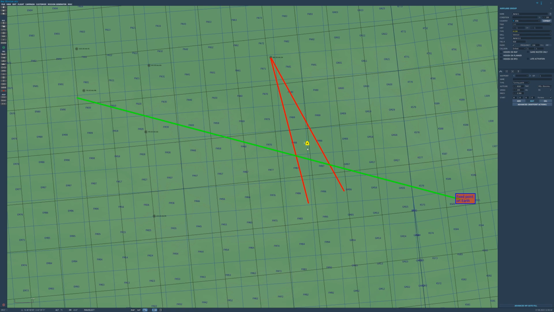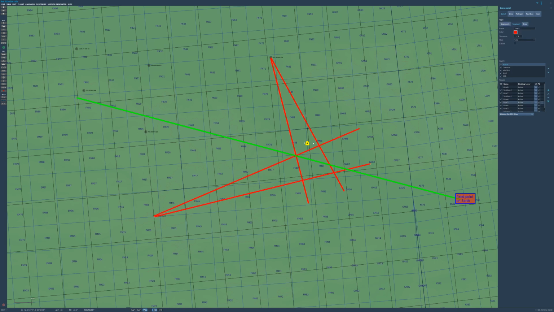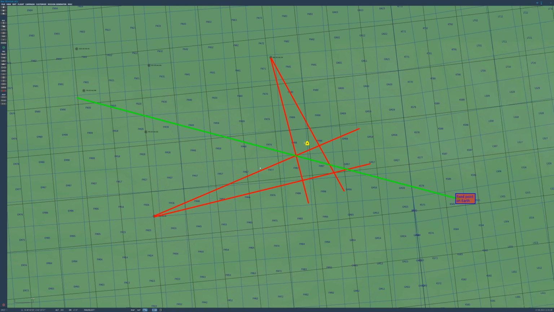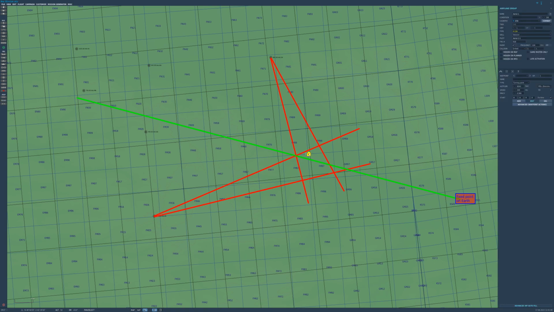They had two VOR radios in these airplanes, and they would use two different radio frequencies generated by two different beacons, and from that get a fix on the aircraft being somewhere in this location.